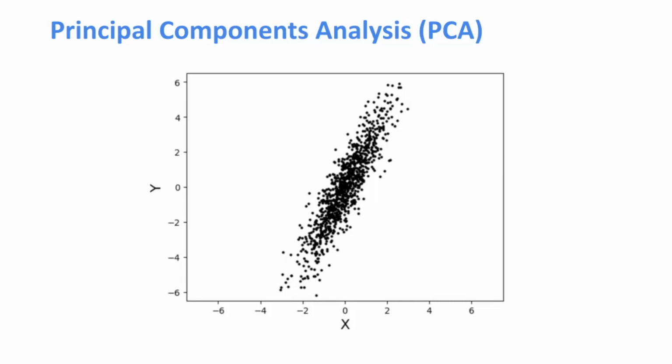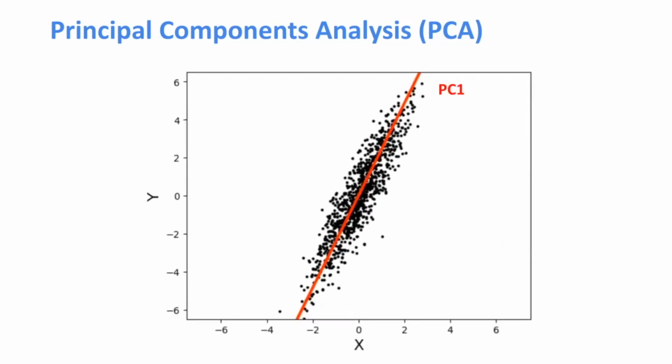And as a human, when you look at this, you immediately fit a straight line through these points in your head, right? And so that line that you're drawing with your own imagination, that's the first principal component. It's what it's called. And this axis basically describes most of the variance in this two-dimensional data set.